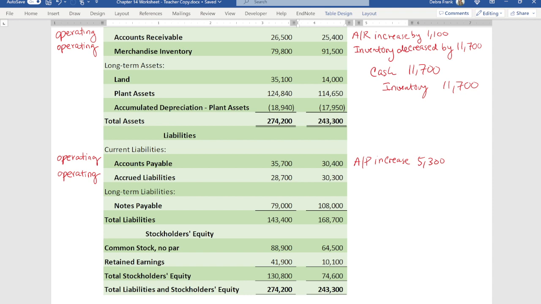So we can write here accrued liabilities decrease. So it's the opposite. So it looks like we paid out a little bit more cash to pay off those accrued liabilities, and they decreased by 1,600.